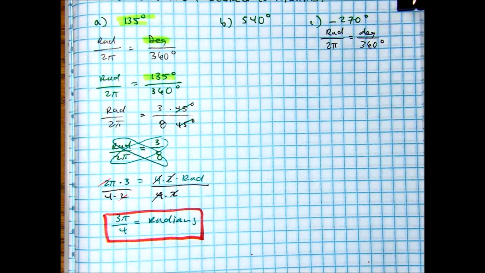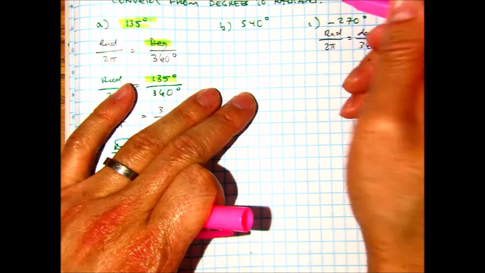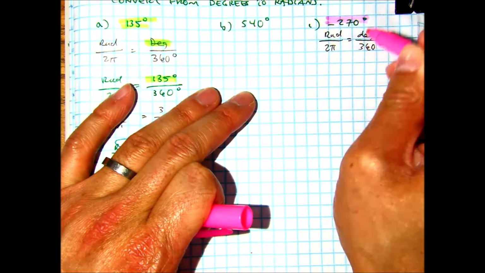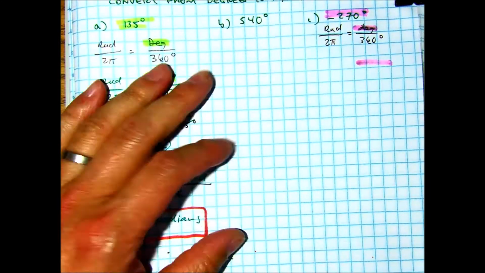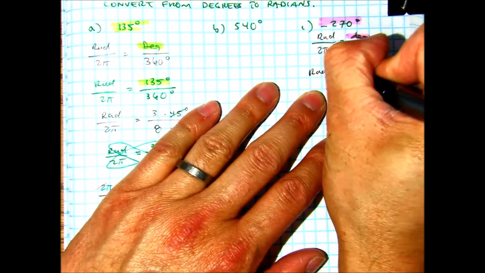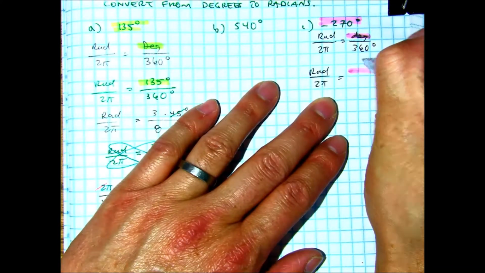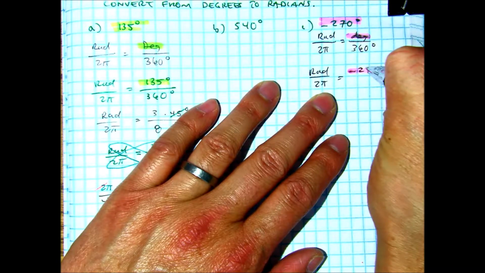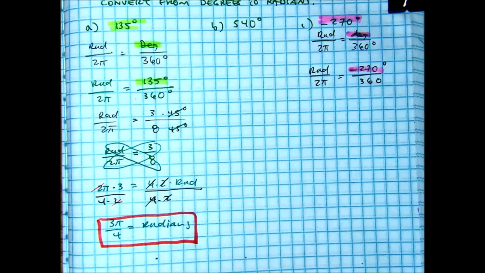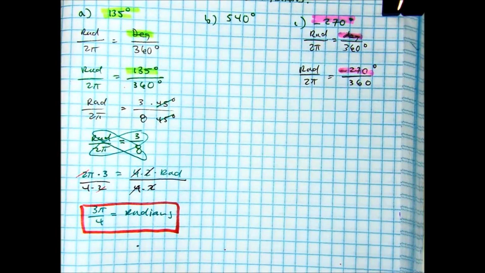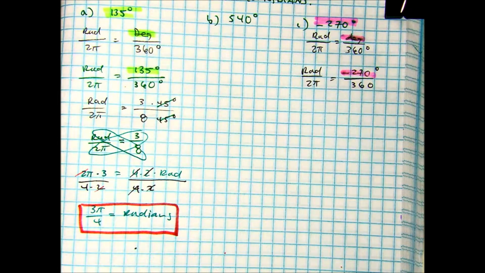Class, do we have degrees or radians? They give us degrees because of the circle. Put it here for degrees. Radians over 2 pi equals negative 270 over 360. Think of the greatest common factor, and then I'll show you with your calculator.